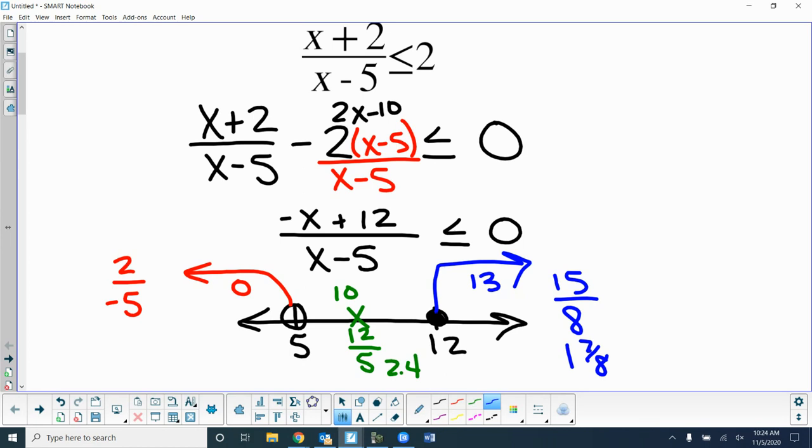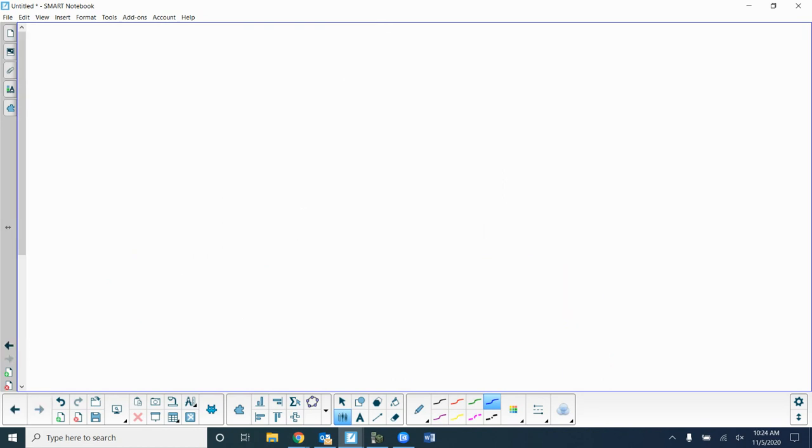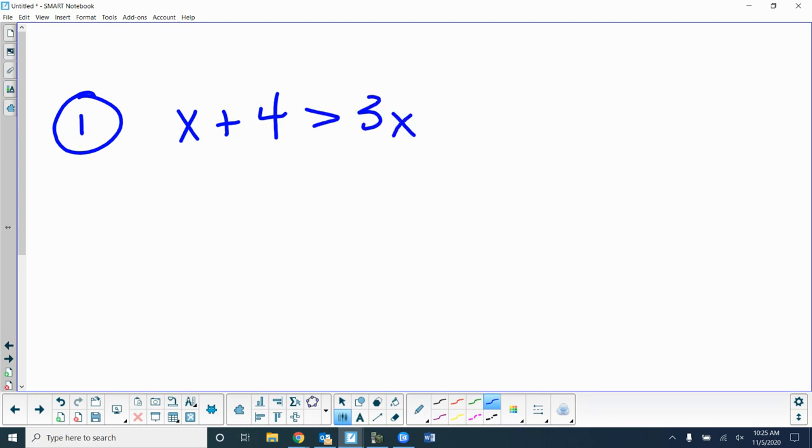So we hadn't done one like that since last Friday, so I thought we'd do another one just to make sure we understand. Number 1 for our practice quiz is just a basic inequality. Got an x on each side, so we're going to get the x's together.